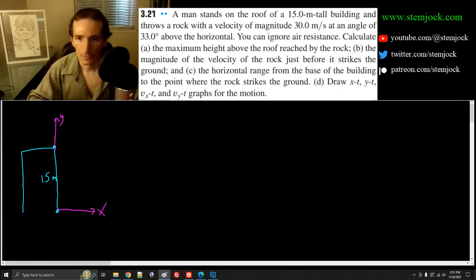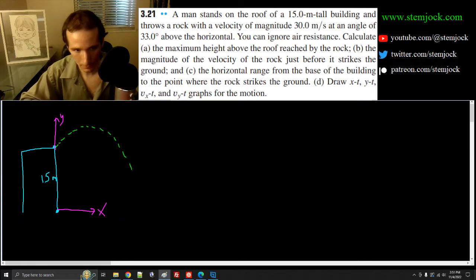All right, so we want to calculate the maximum height above the roof reached by the rock. So it's very important to note here that the question is asking for the maximum height above the roof. So the trajectory of the rock is going to look something like this.